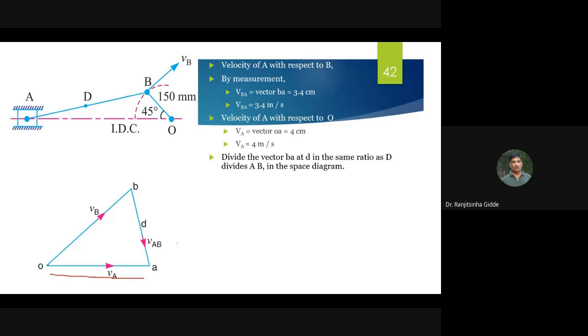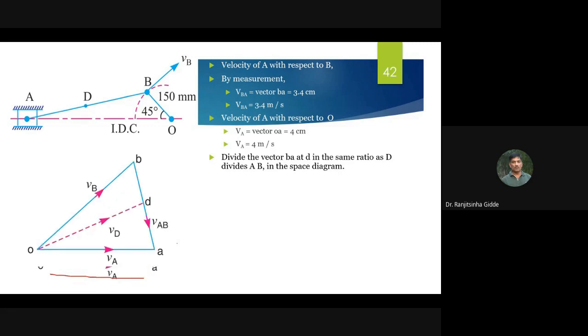Next line you can write, divide the vector ba in the same ratio as D divides AB in the space diagram.